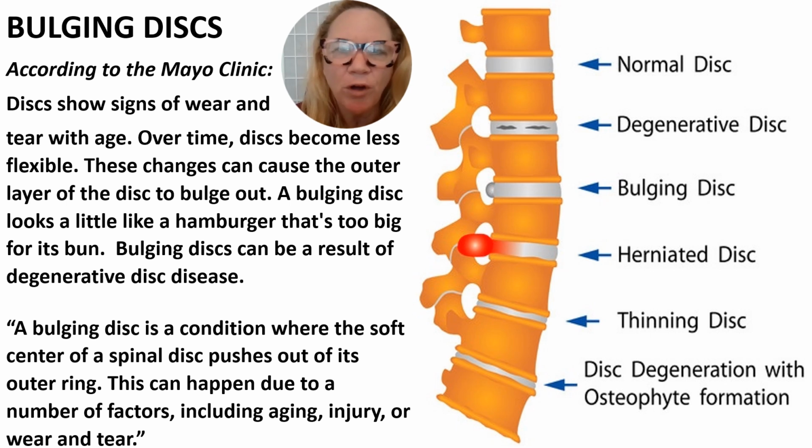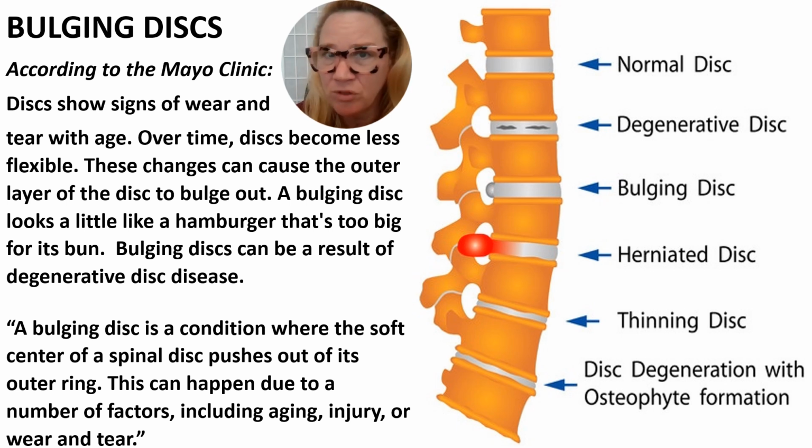Now I want to move on to tell you a little bit about bulging discs, which can also be diagnosed as spondylosis and degenerative disc disease. Discs show signs of wear and tear with age as we become older, so it's quite common in geriatrics.